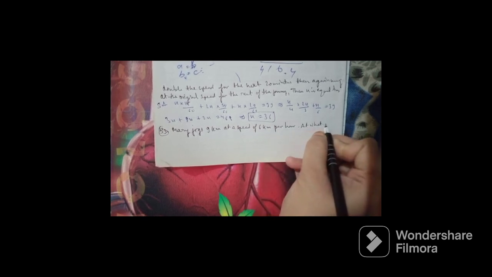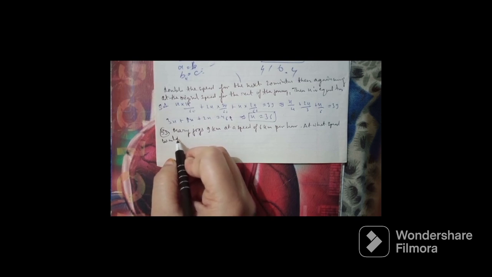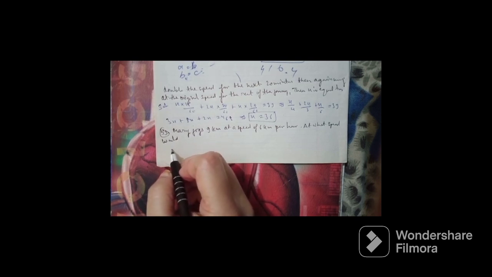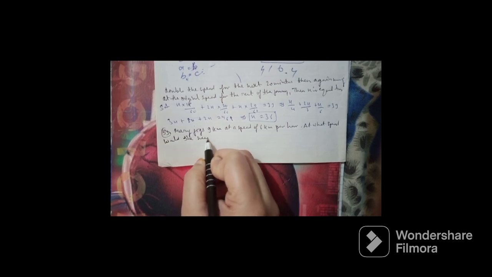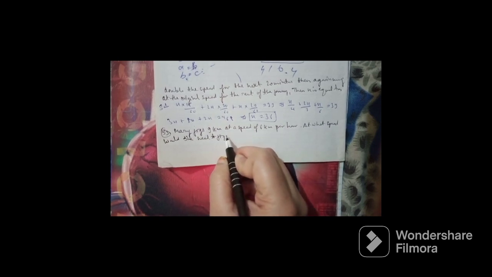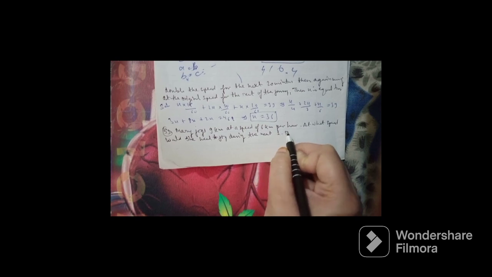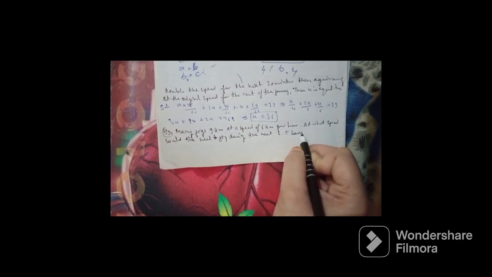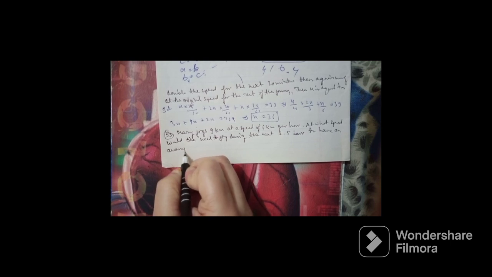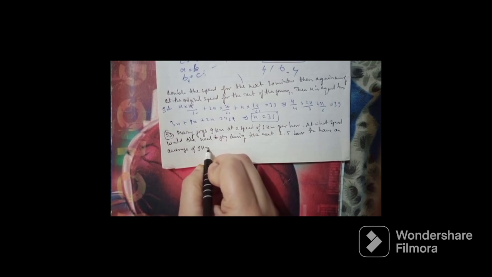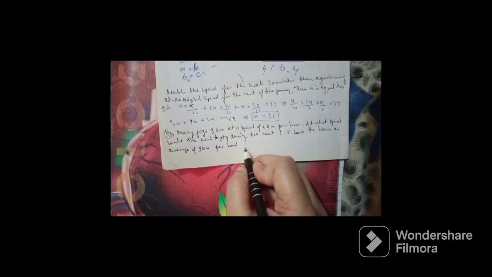At what speed would she need to jog during the next 1.5 hours to have an average of 9 km per hour for the entire jogging session?